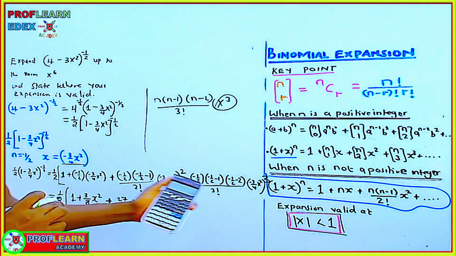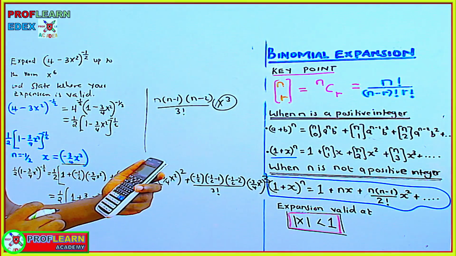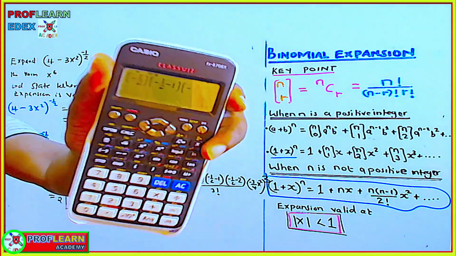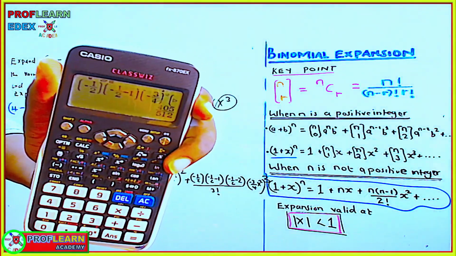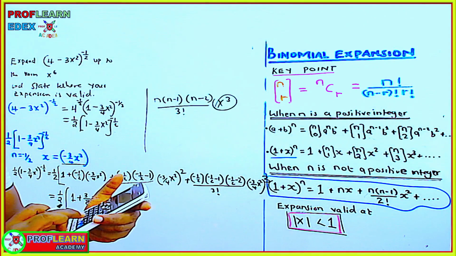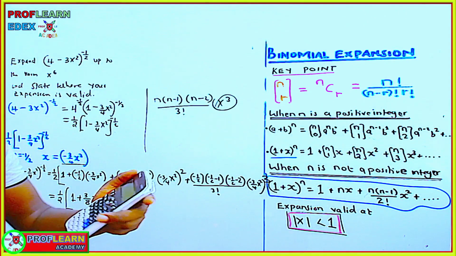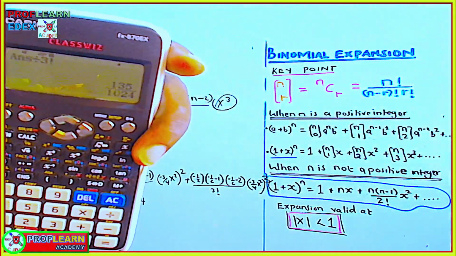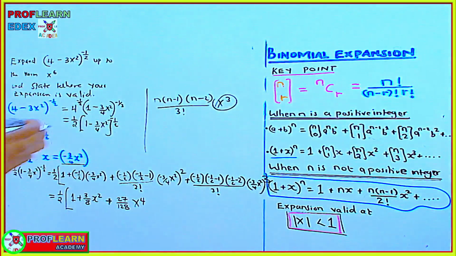If you work it out, we are going to get 405 over 512. Then we divide by 3 factorial. And that coefficient becomes 135 over 1024.